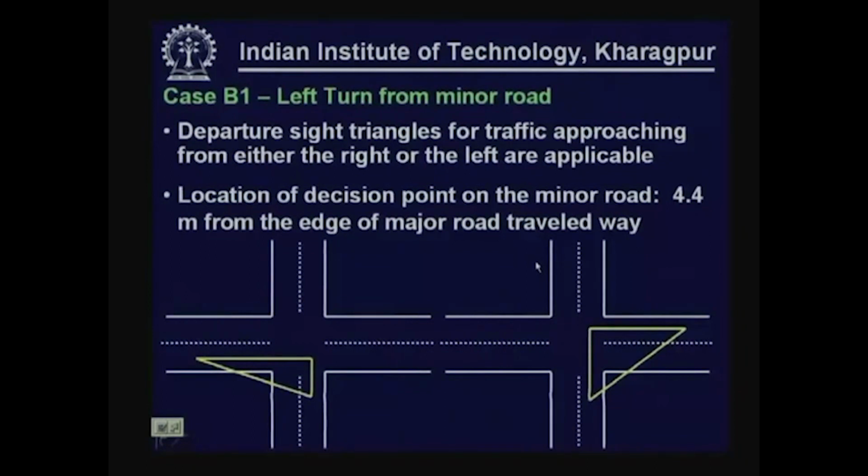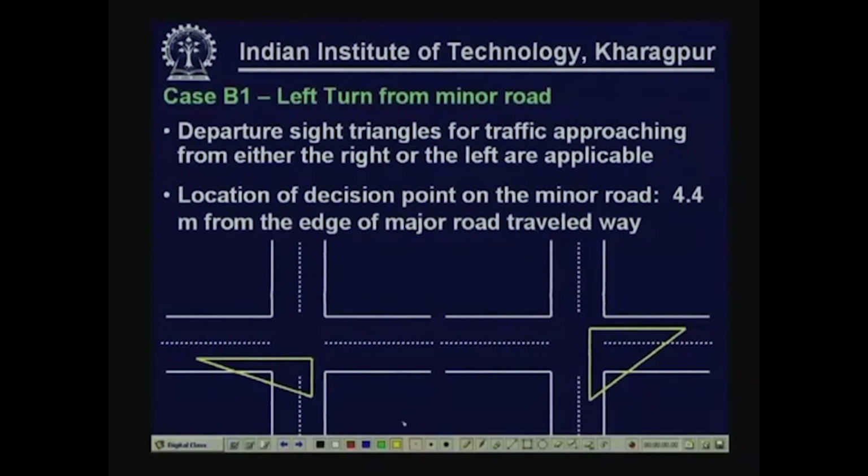Case B1, left turn from minor road. Here, departure side triangles for traffic approaching from either the right or the left are applicable. So, here again let us see the sketch. This is the vehicle.